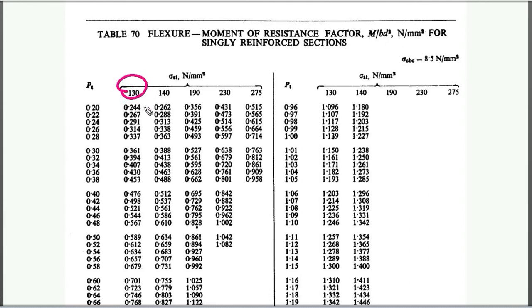Or for 0.244 we can have pt equal to 0.2. But as our structure is very important, being a water retaining structure, let us assume that the pt value is 0.24.